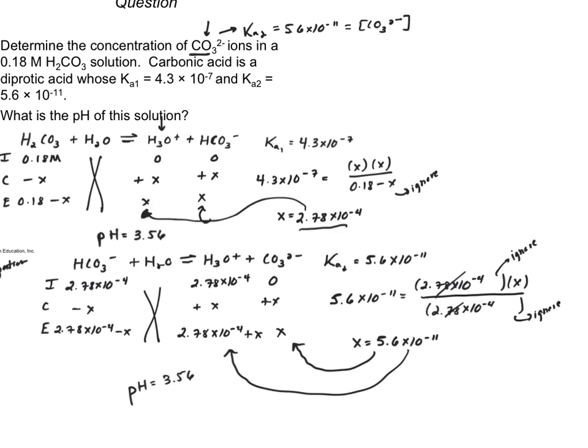So two lessons we've learned about polyprotic acids. Number one, what's the concentration of the fully deprotonated conjugate base? Ka2, or whatever the last Ka is. Second, besides sulfuric acid, do you ever have to include any of the subsequent ionizations past the first one in calculating pH?